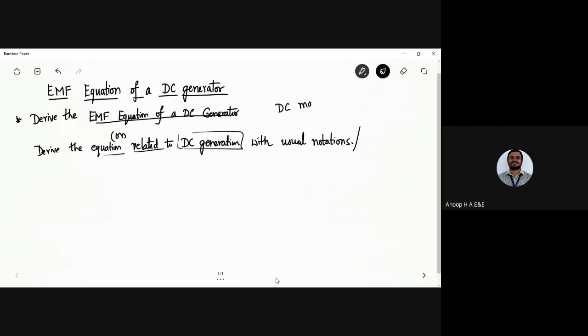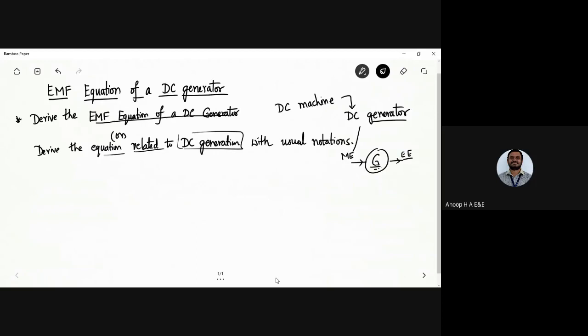I have a DC machine which can be run as a DC generator. In a DC generator, the input is mechanical in nature and the output is electrical in nature.